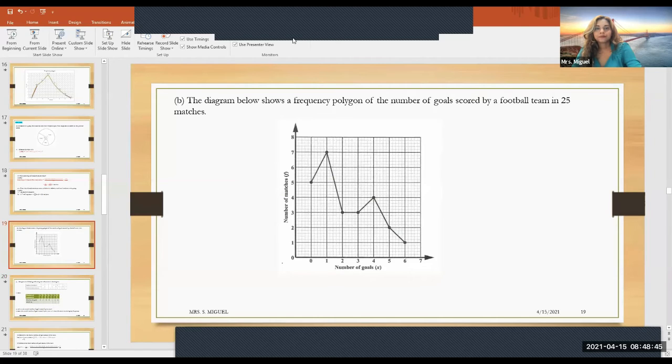So the number of goals is 2 and the number of matches this corresponds to is 3.